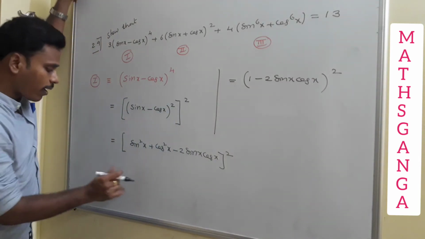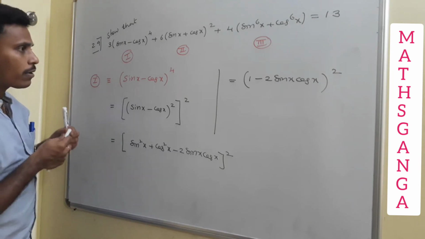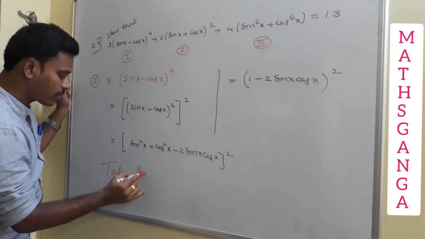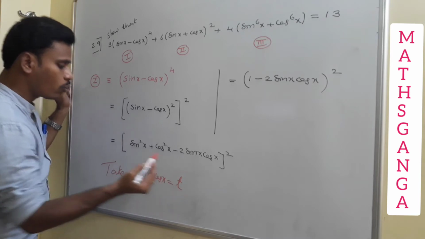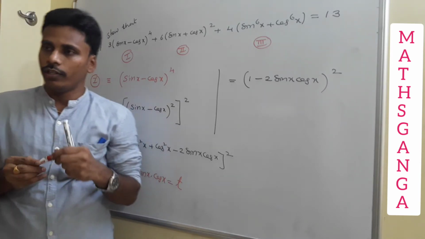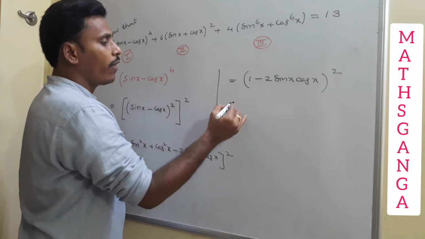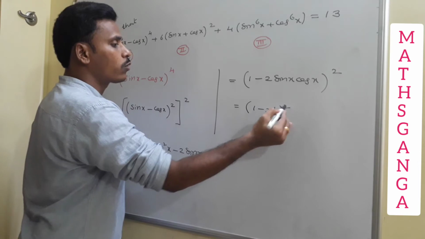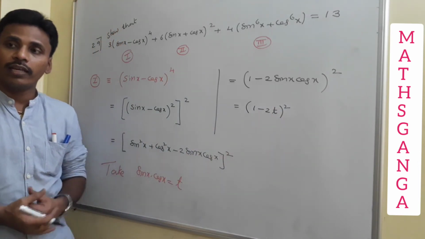To avoid that, just take the product sin x into cos x as some t, just for our convenience. If sin x into cos x is equal to t, then it becomes (1 minus 2t) whole square.